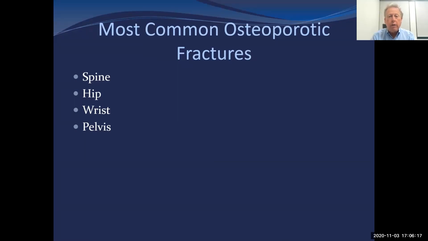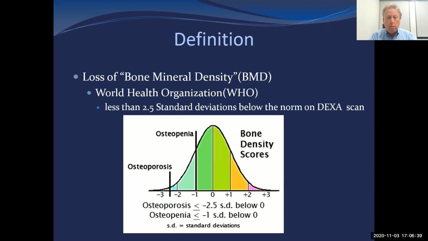As I got further along, I became more interested in prevention of osteoporotic fractures. I still fix a lot of these things, but I think it's incumbent upon us and the orthopedic community to discuss osteoporosis as a prevention maneuver.